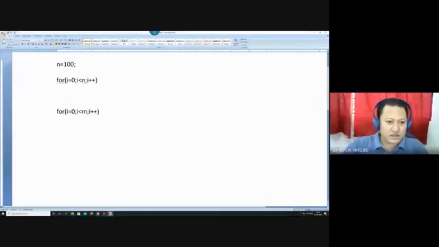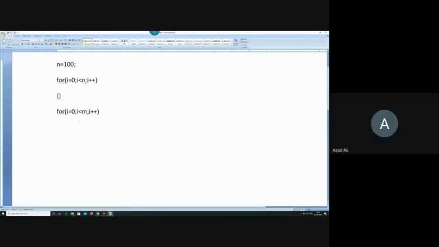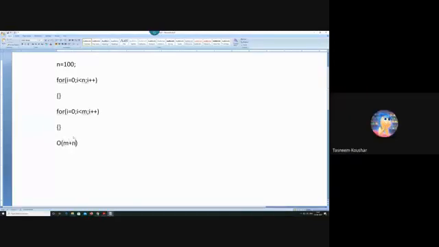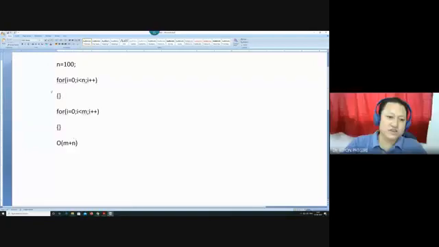So what is the time complexity of these two? Big O of n plus m. Because it is sequential, it will add.